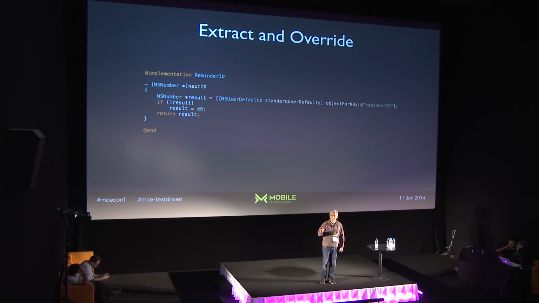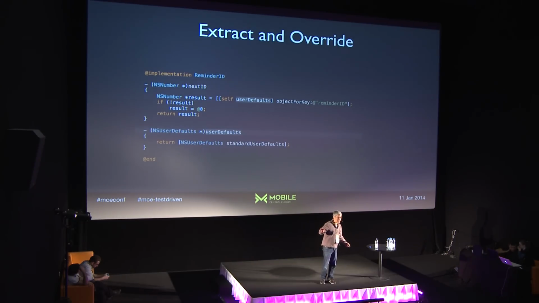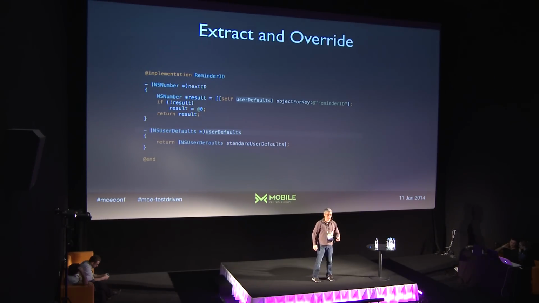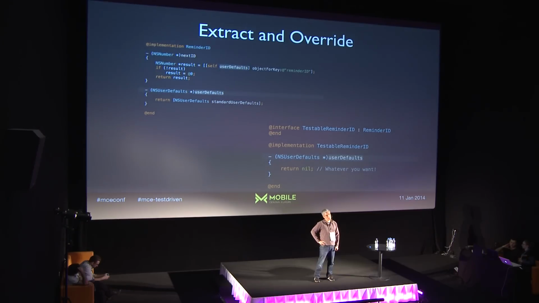All we need to do for extract and override is extract a method. So now you see the little bit of indirection that's happening. And now this gives us an opportunity. Now in my test class, I don't have to use the actual reminder ID. I can make a subclass called testable reminder ID, and it can override that special new method. Voila.